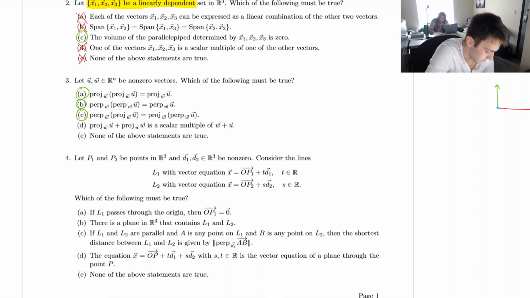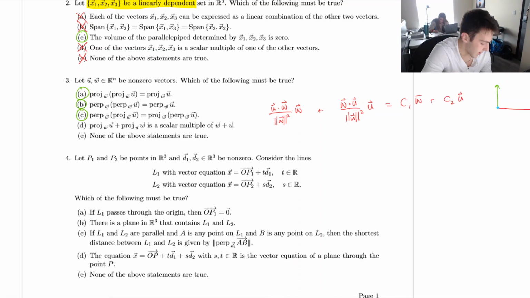We have u dotted with w over the magnitude of w squared, and then plus we've got w dotted with u over the magnitude of u squared in the u direction. So we can rewrite that as c1 times w plus c2 times u.